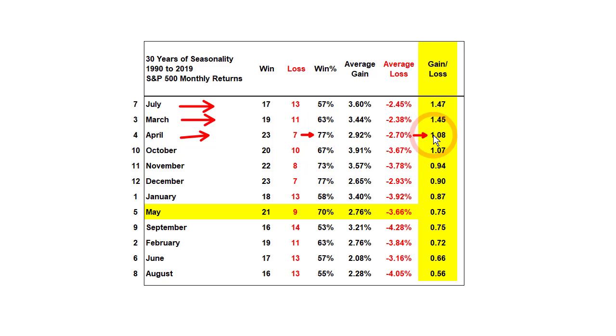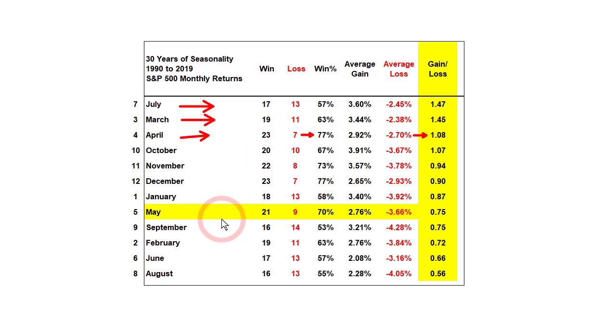And as I said, yeah, I know hindsight is 2020, and this does not include April 2020. I like complete years. So this is 30 complete years. And so April was one of the best months going into last April. And then you can see October is up there. So October is a good month.